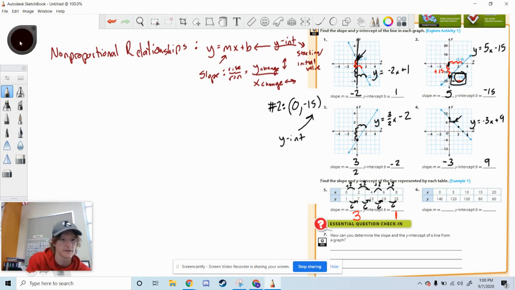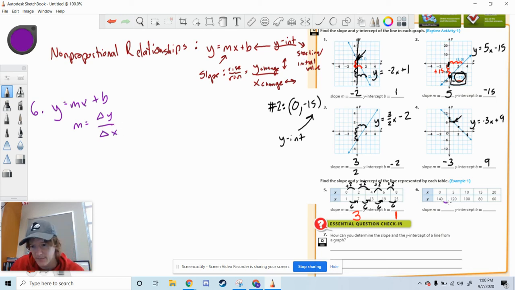All right, moving on to the next one. All right, let's see. How about purple? Let's see. Number 6, y equals mx plus b. M is the change in y over the change in x. Let's see what y does every time. This goes down 20, down 20, down 20, down 20. Okay, so y is going negative 20.